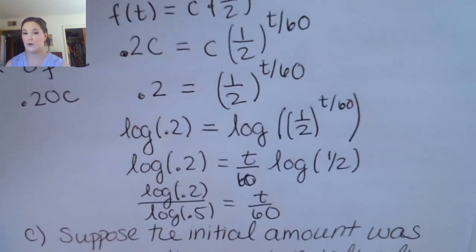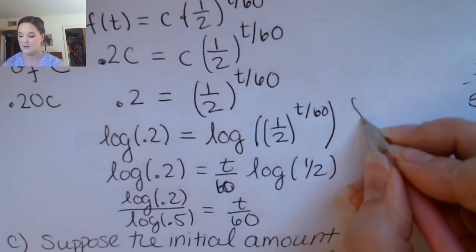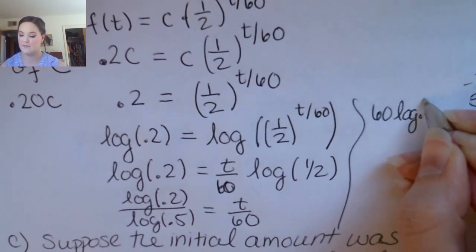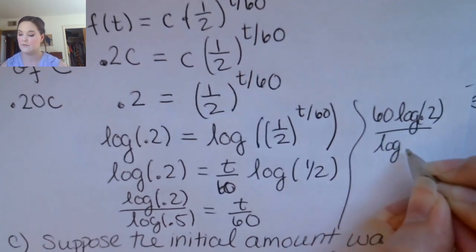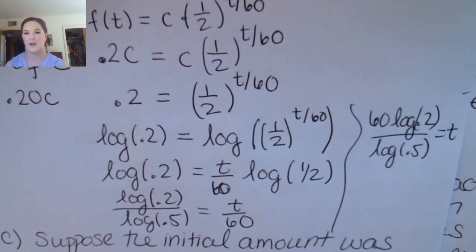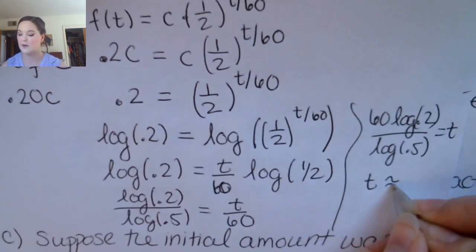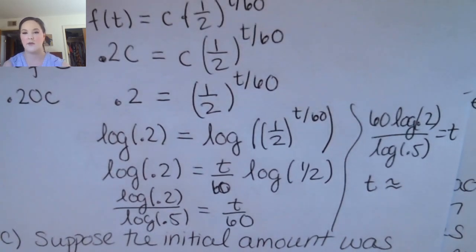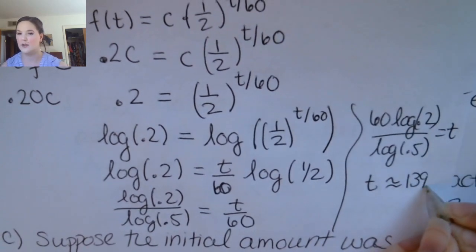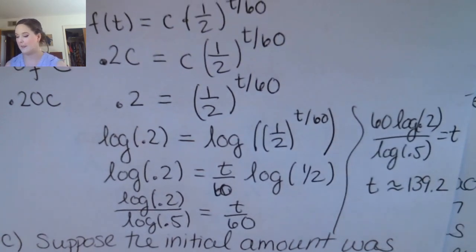Right, and now I'm going to multiply both sides by 60. All right, so there's my exact value, and then if I want an approximate value, I would use my calculator. Okay, so I would get 139.2. Okay, just to be clear, I wanted to show you guys how you could get that using the method that we talked about before.